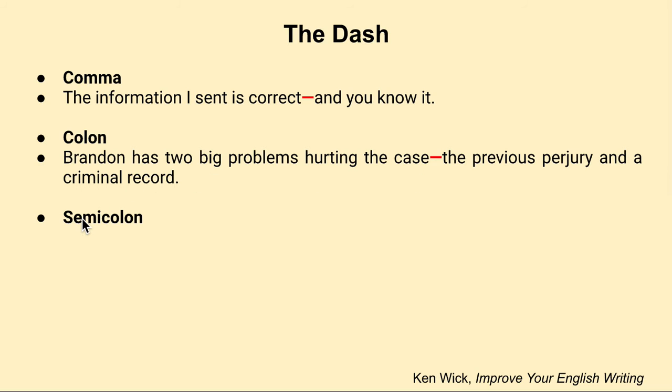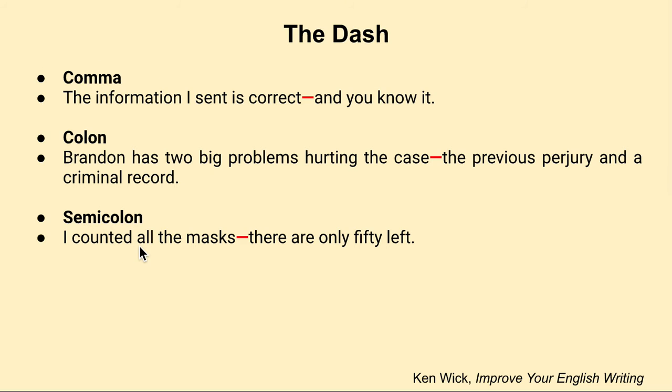The semicolon. I counted all the masks. There are only 50 left. You can notice there's a theme, a pandemic theme, running through some of my examples. I did write everything during the pandemic. And here you actually have two independent clauses.